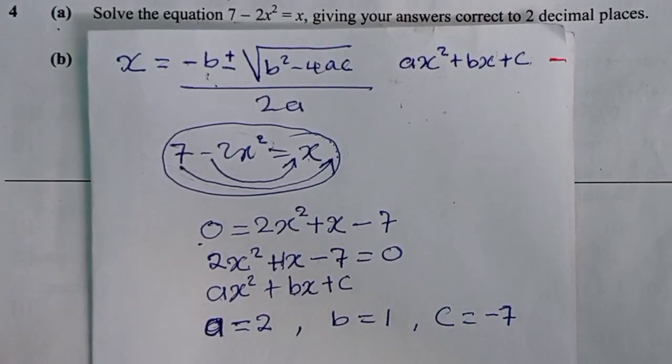From there, I'm going to substitute in the equation. Where there is a, I'll substitute 2; where there is b, 1; where there is c, negative 7.